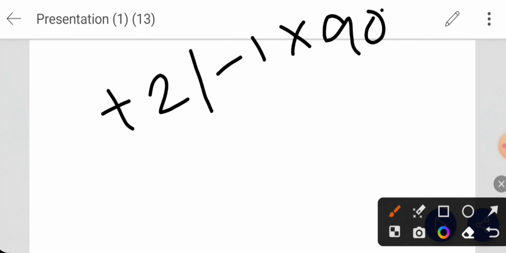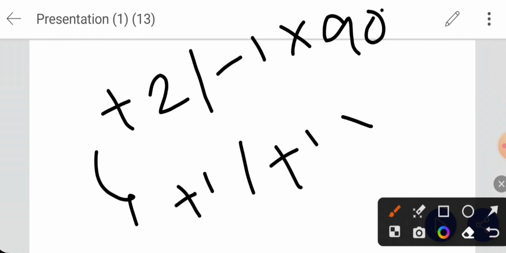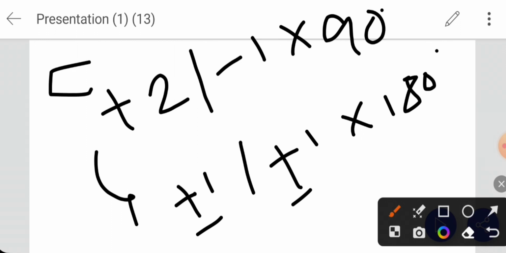If I do transposition of that, then it will be +1 with +1 at 180 degree. So you can see even though the signs were plus and minus, after transposition both are plus, so it is compound hypermetropic astigmatism.